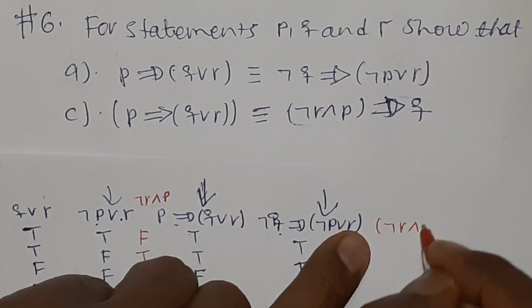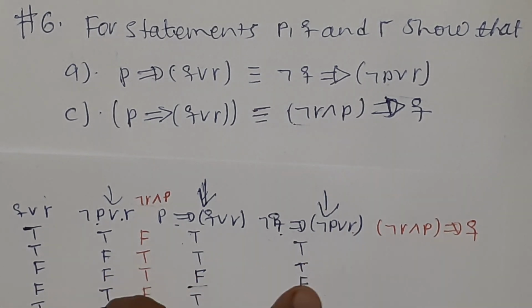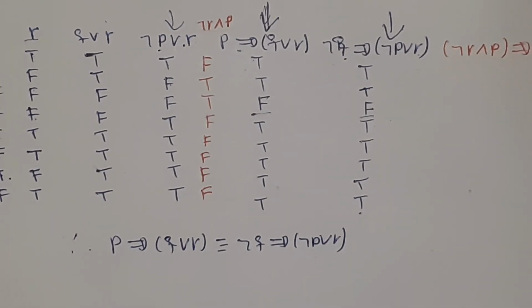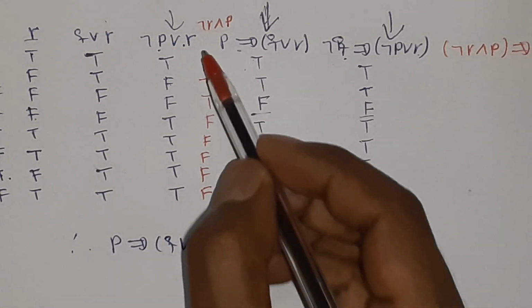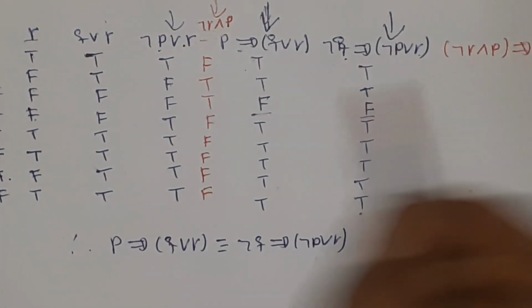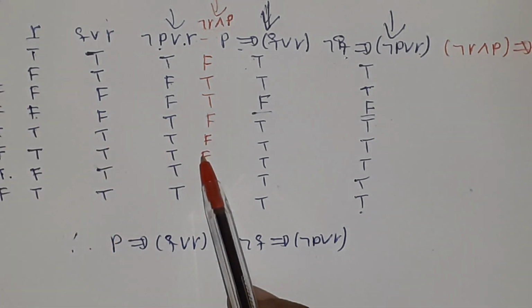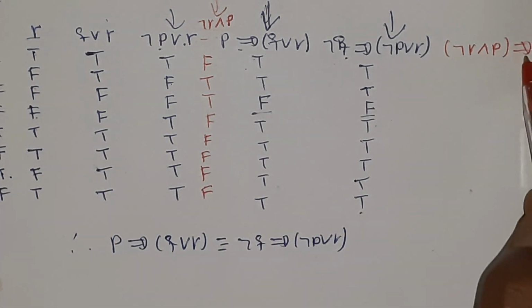Then the last one, the expected compound statement, will be this column: negation of R and P implies Q. The negation of R and P is already calculated here, and Q is here, so we have to combine this column with Q by using logical implication.